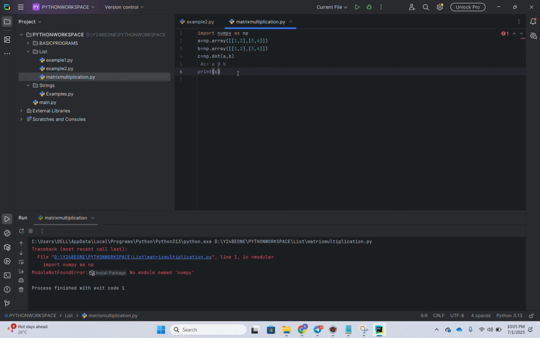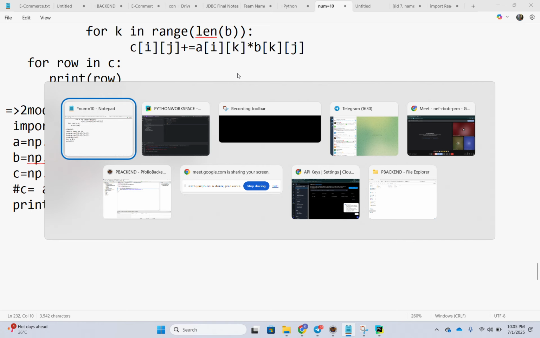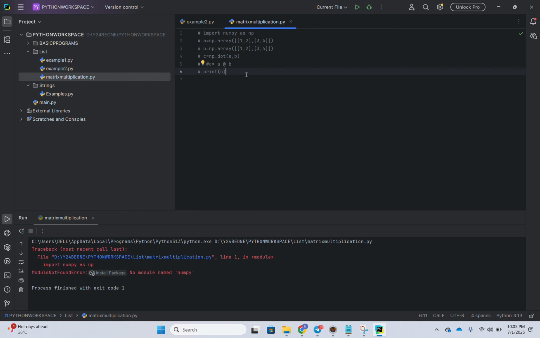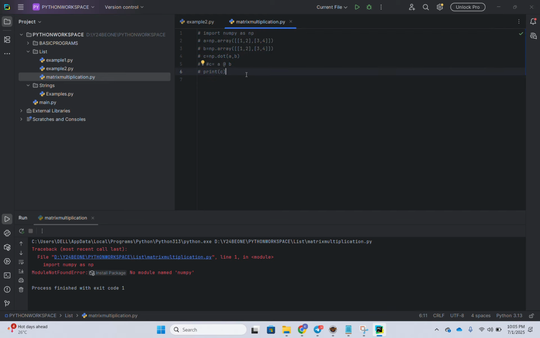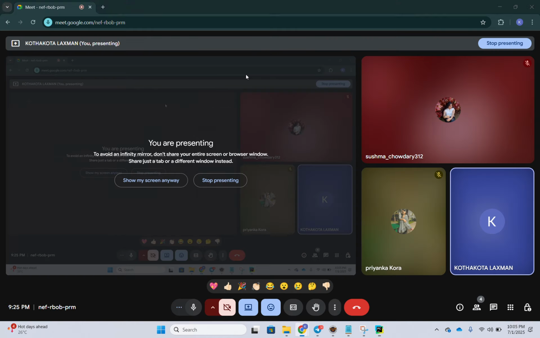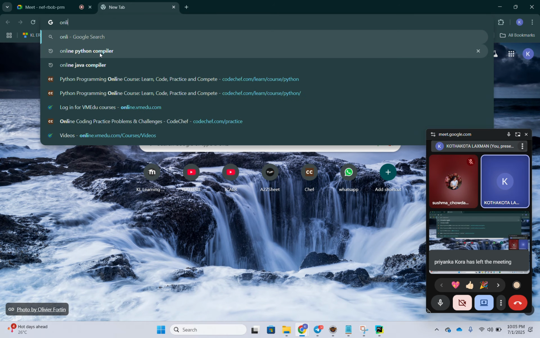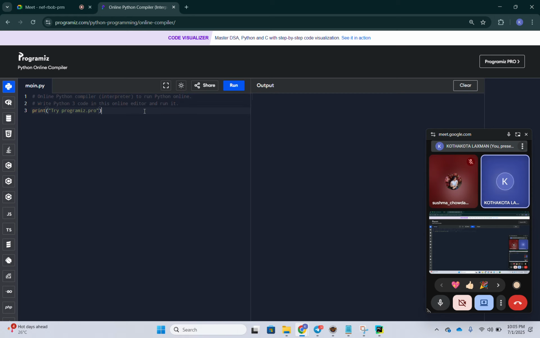Time was not sufficient. I'll comment this code. I'll try to execute this in an online browser. It will make it much clearer. We'll see if it works or not.